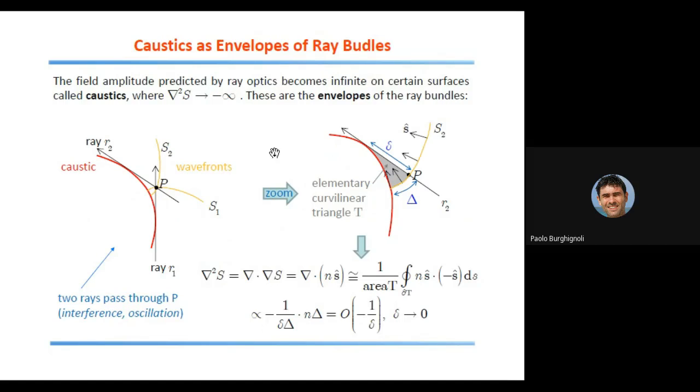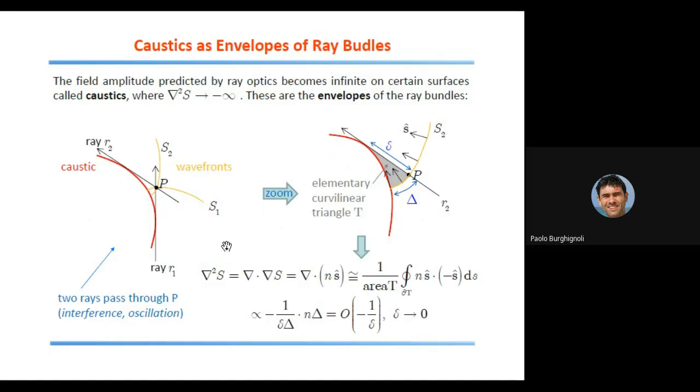But it's interesting to see what happens at those points where ray optics fails. Those points, for example, are the points which belong to the so-called caustics, which by definition are the envelopes of the ray bundles. Here you can see in red the trace of a caustic. You can see two rays which are tangent to the caustic, and those two rays intersect at a given point in a neighborhood of the caustic.